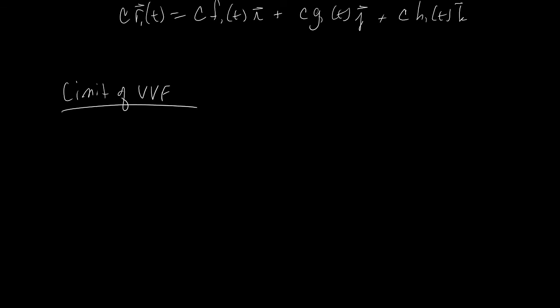Suppose I have r of t equal to f of t in the i direction plus g of t in the j direction plus h of t in the k direction.